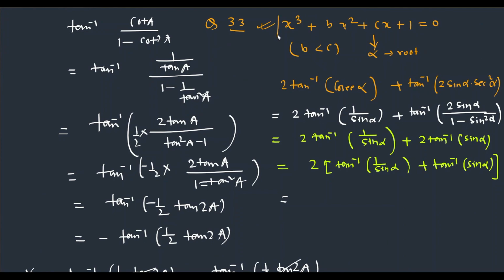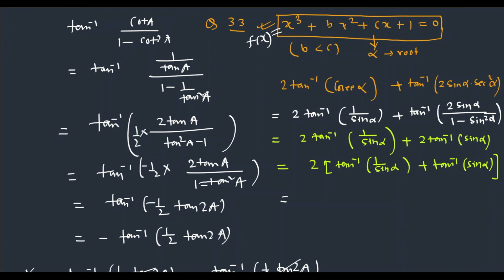Look at this cubic equation. We don't apply the concept of discriminant here. Here we apply the intermediate value theorem. In the intermediate value theorem, first of all, suppose we consider this as our f of x.